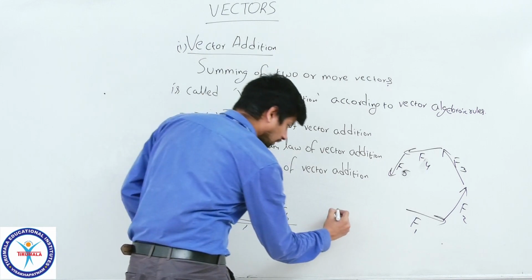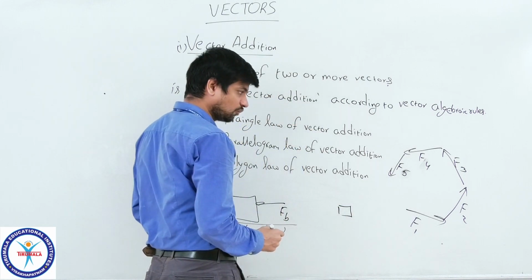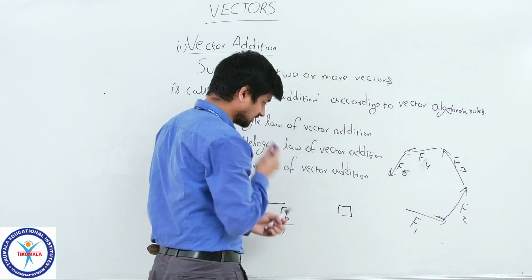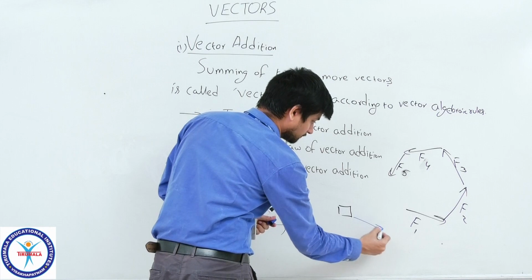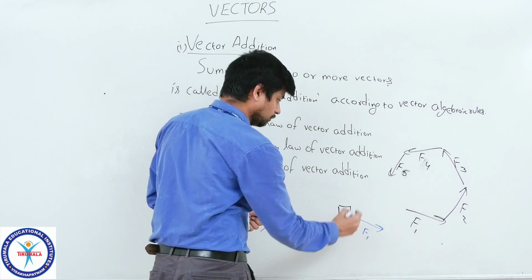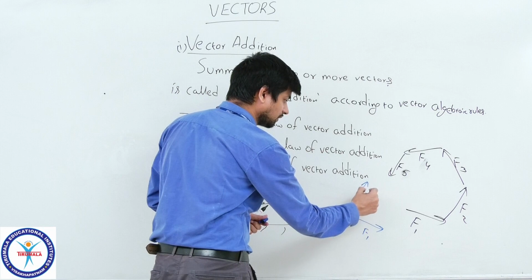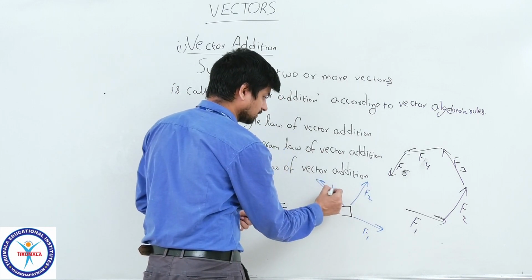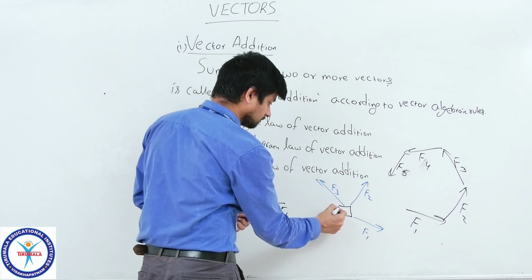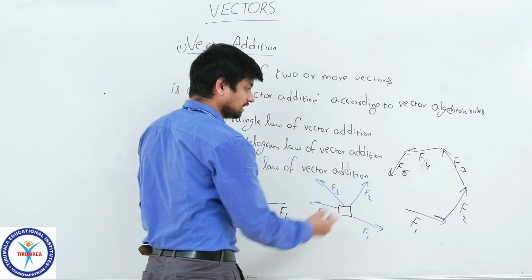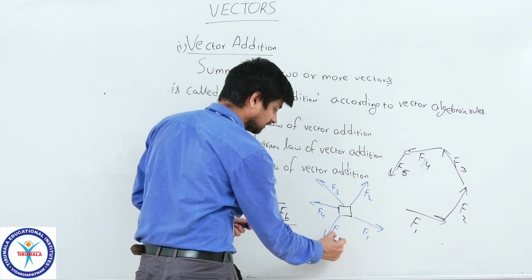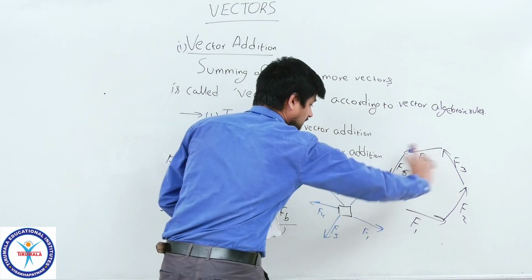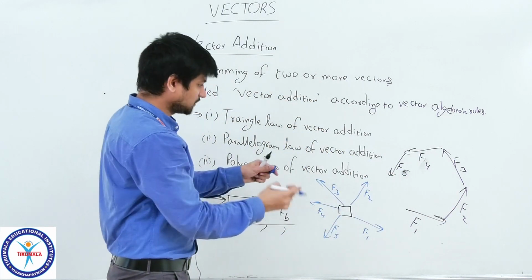That means, if one object is here, just to place this, you can see F1 is acting in this way, F2 is acting in this way, F3 is acting in this way, F4 is acting in this way, F5 is acting in this way. I just placed them parallelly, look at this. So, actually these forces are acting on one system.